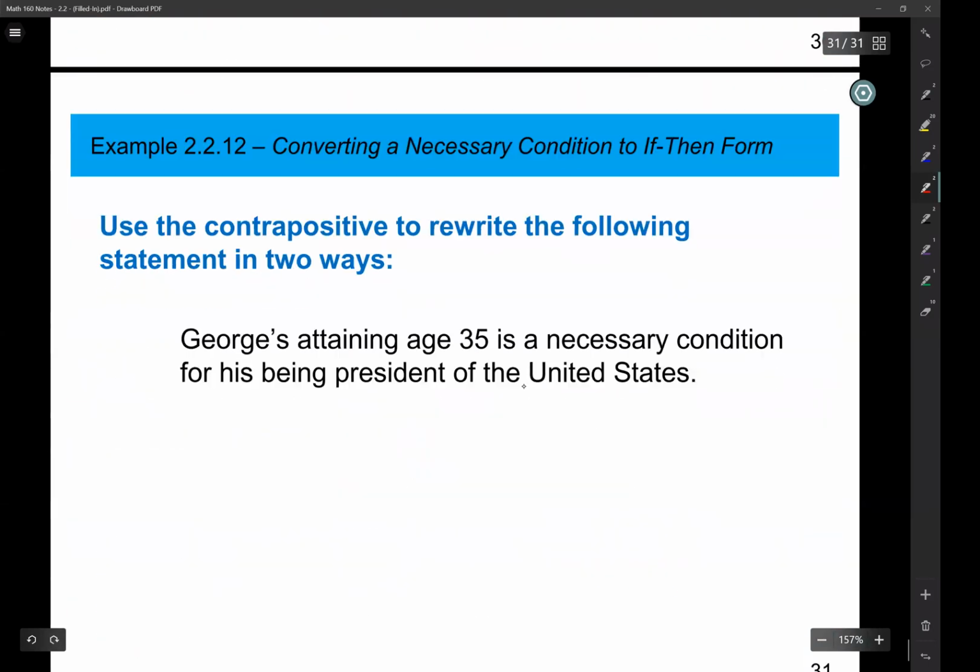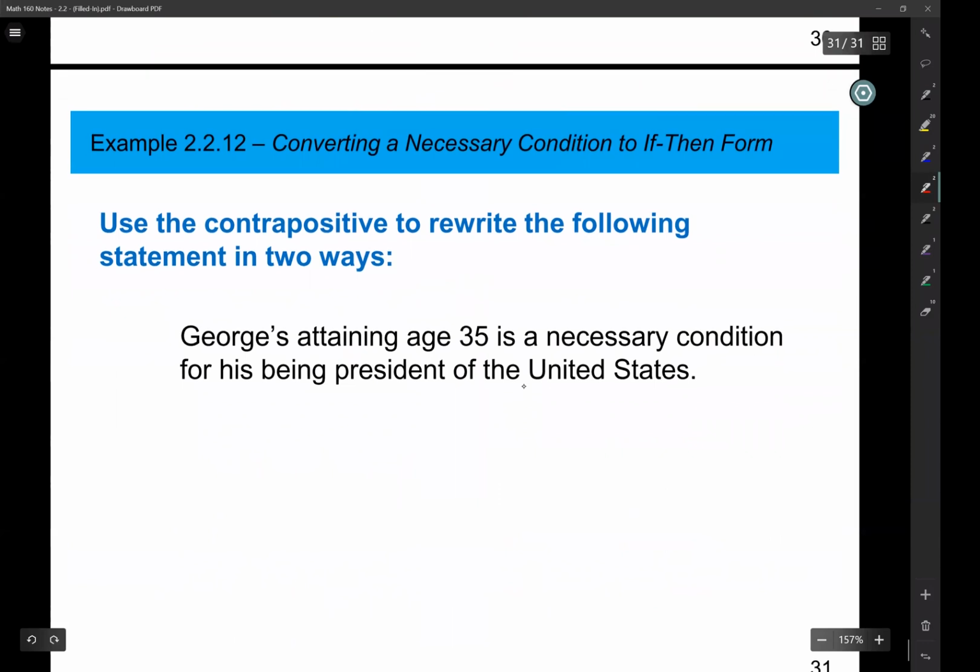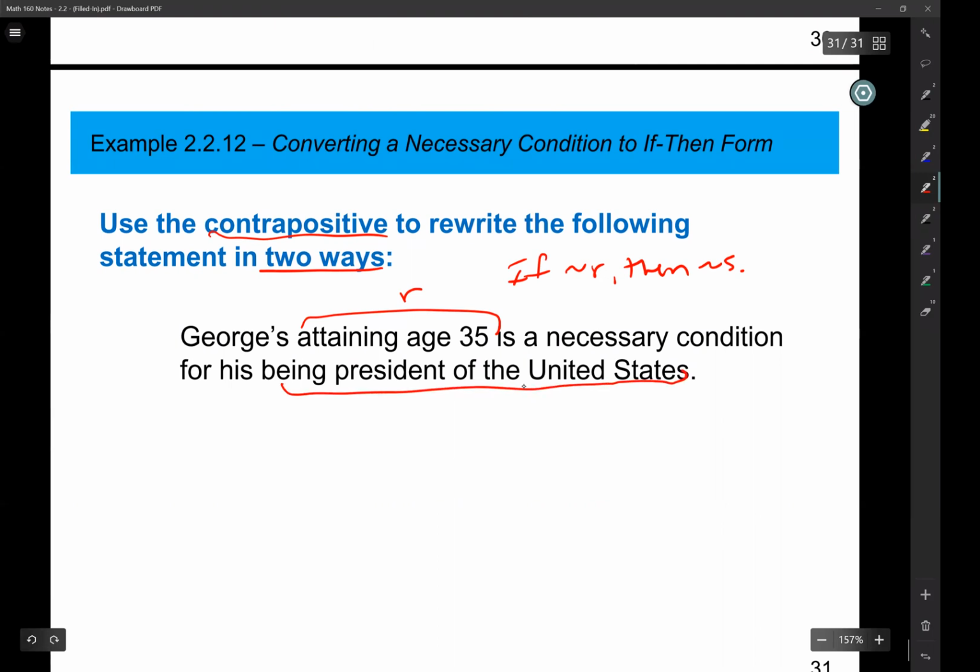And last little bit here, use the contrapositive to rewrite the following statement in two ways, okay? George attaining age 35 is a necessary condition for his being president of the United States. Well, again, necessary says if not R, then not S. So this is R, this is S. So let's write that using the if-then.